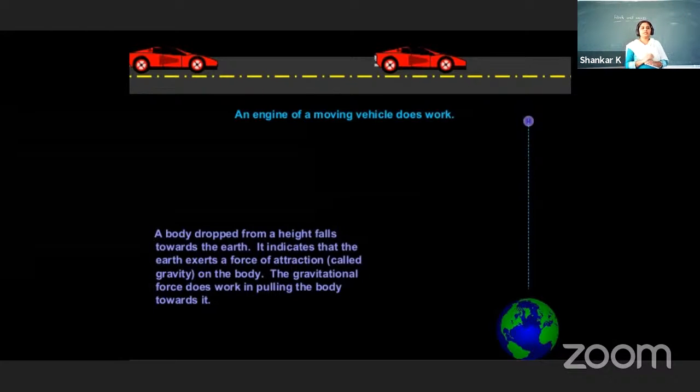Here, it indicates that the earth exerts a force of attraction, which we call gravity, on the body. So here, the gravitational force does work in pulling the body towards it. Whatever things we throw reach high heights and fall on the earth only. So this is the gravitational force.